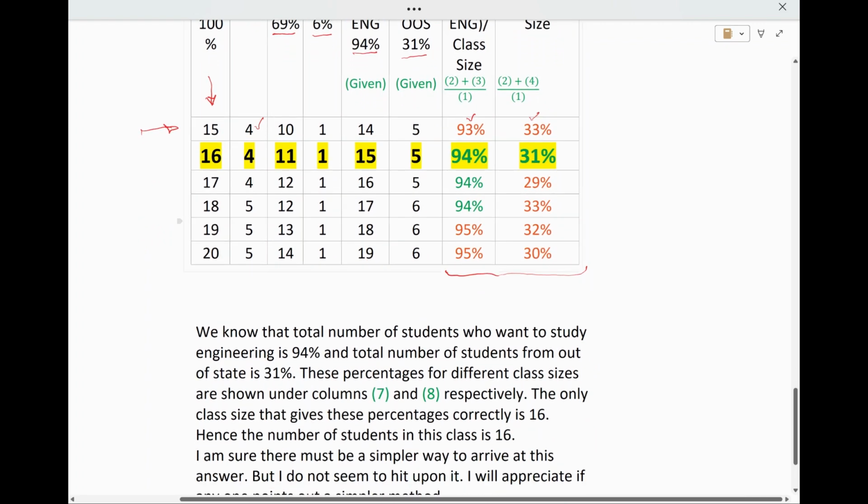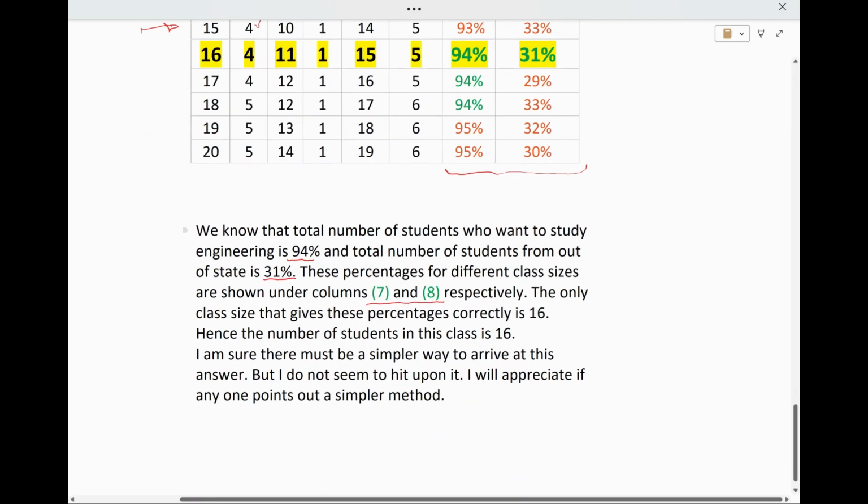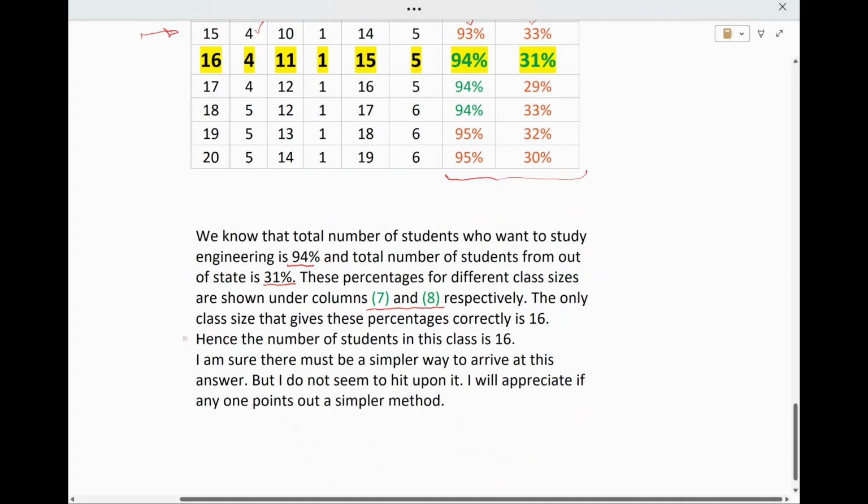We know that the total number of students who want to study engineering is 94%, and the total number of students from out of the state is 31%. These percentages for different class sizes are shown under column 7 and 8 respectively. The only class size that gives both these percentages correctly is 16.